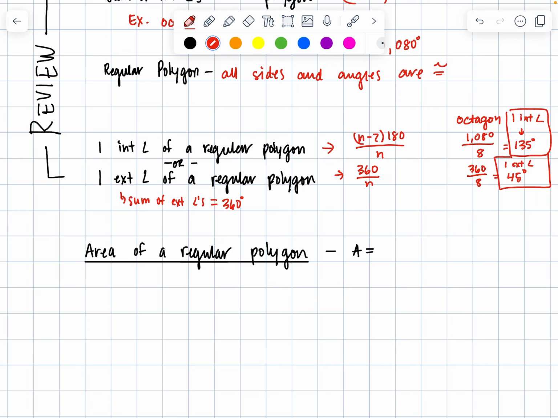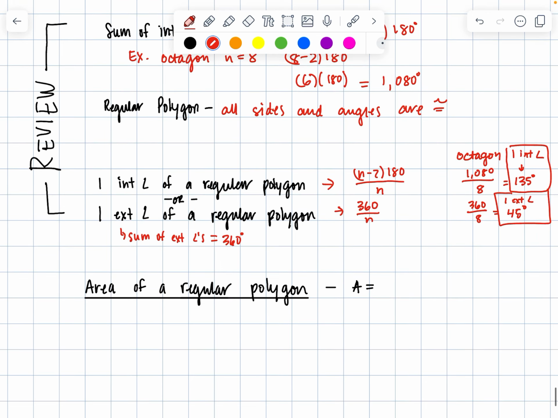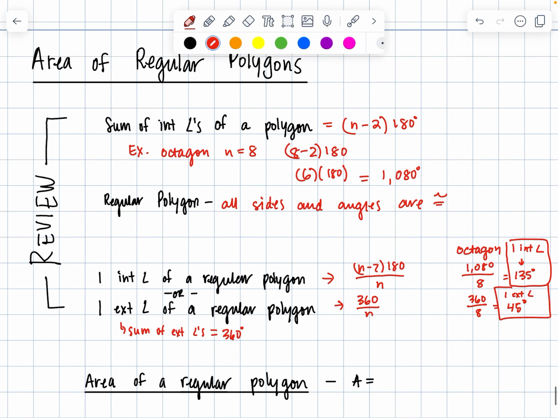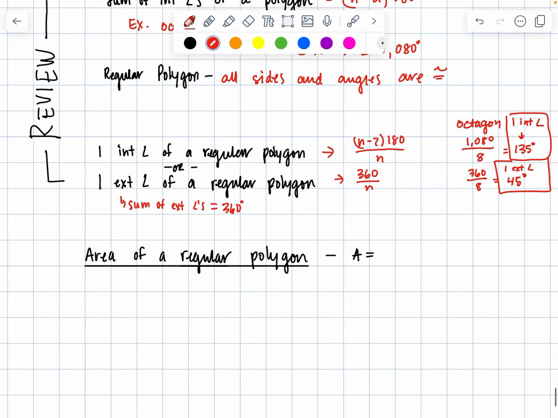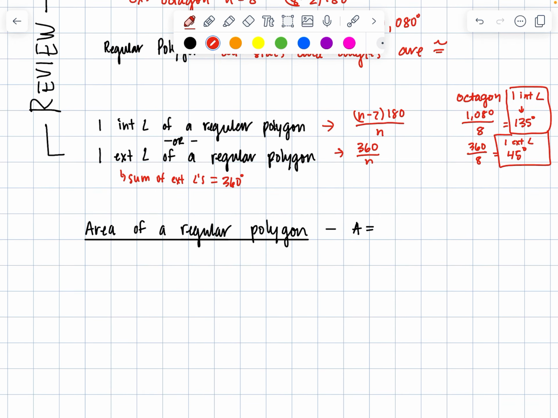Now, to the main course of this lesson. That's all review. We've worked with polygons before. We should hopefully quickly recall this. But when it comes to regular polygons, it can be a little bit tricky because you have to work with some new definitions.